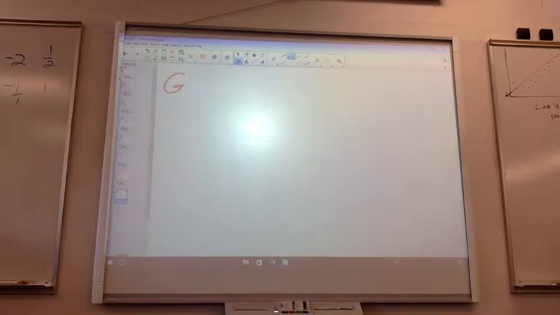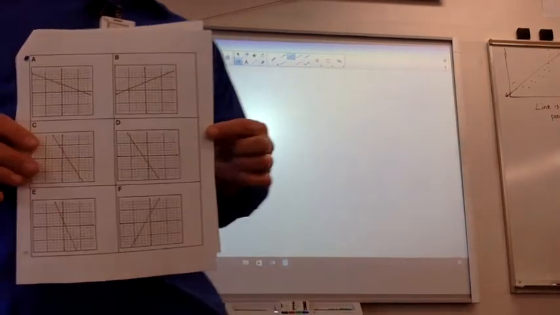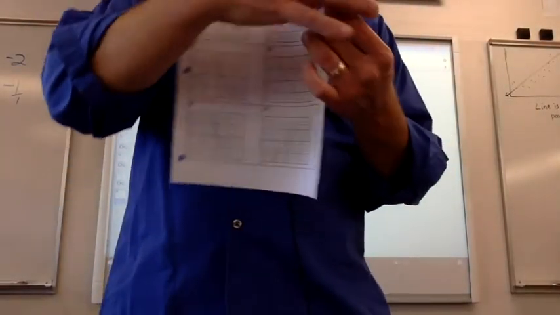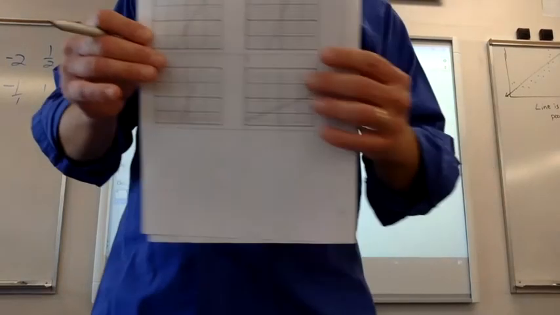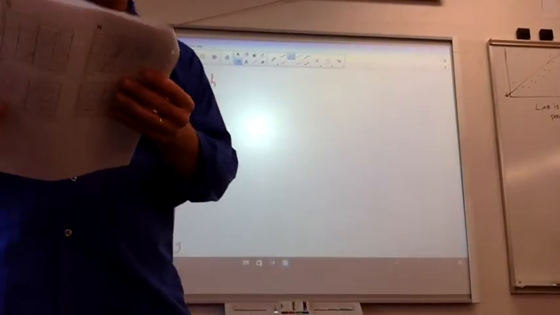So you have graph as one of the labels, and then it goes A, B, C, D, E, F, G, H, I, J, right? Okay, so then you're going to look for what equation goes. So the next two pages, page A, he has 6 of the graphs on it. And then the page right after that has 4 more graphs on it. So that's going to be 10 graphs, so that's A through J.